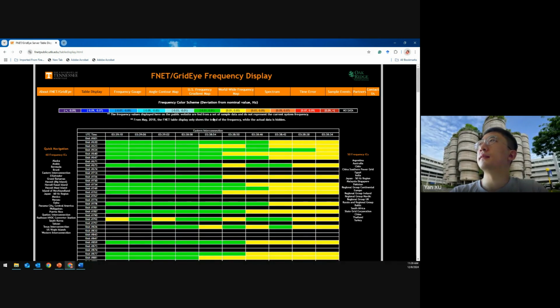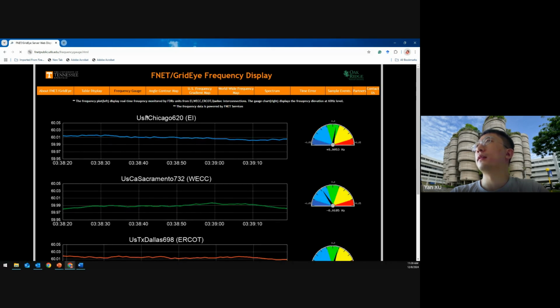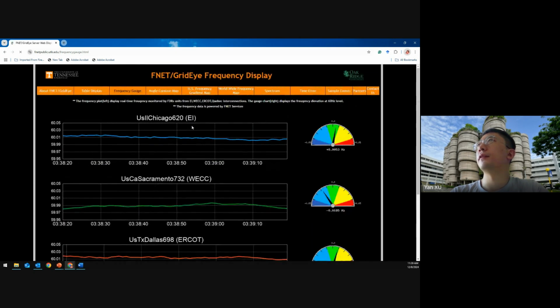Different colors stand for different frequency deviation. You can also see the frequency plot of different units over time.